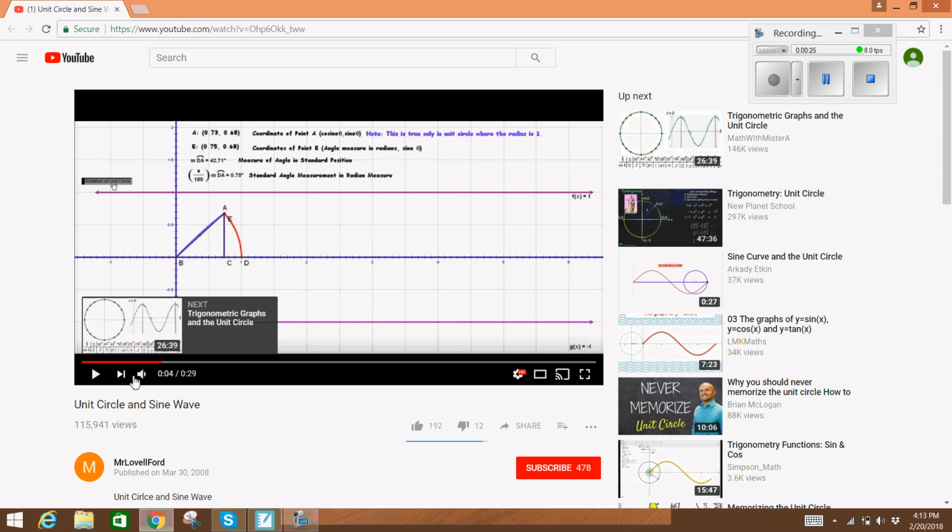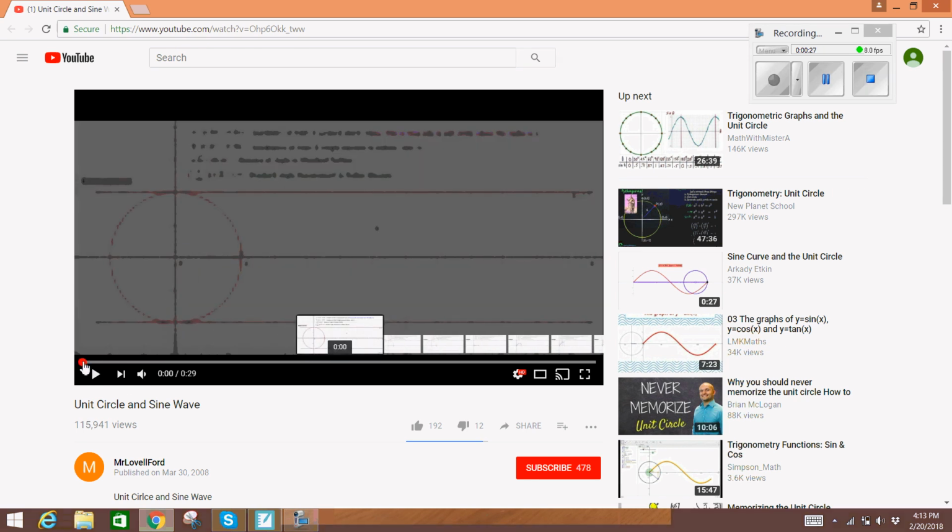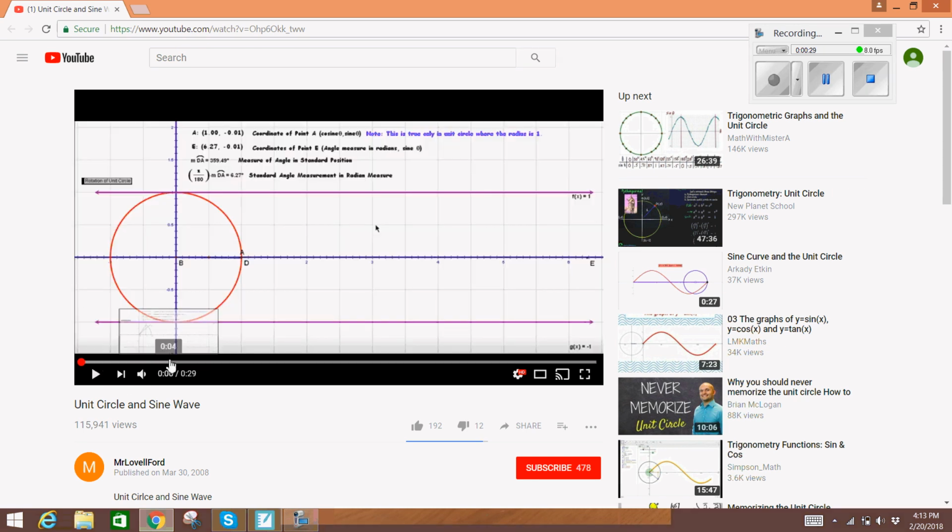I'm going to go back in this video here so that you can see it. What we're going to be graphing is the distance above this line here, or angle, basically, that angle to the height that the terminal side is from the x-axis. Okay, so watch, you'll see what I mean.